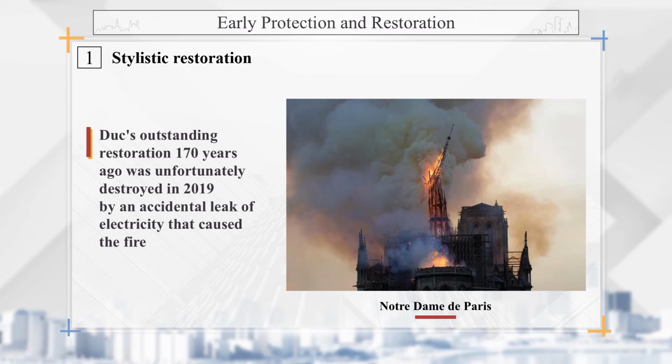Notre Dame is again facing protection and restoration in the 21st century. The theory of stylistic restoration influenced Europe for more than 2 centuries.